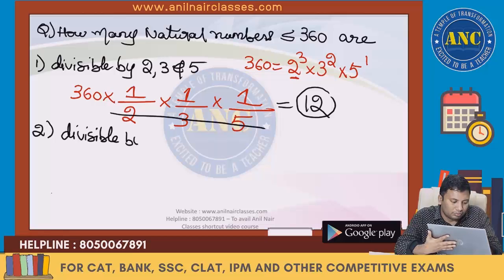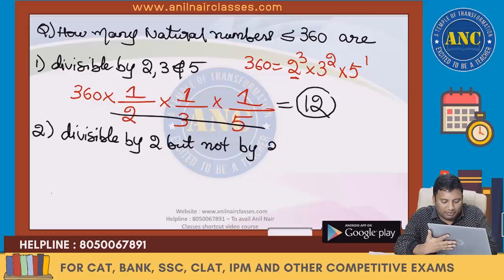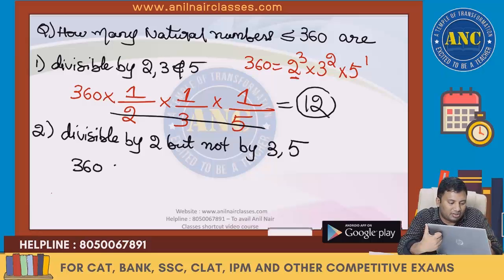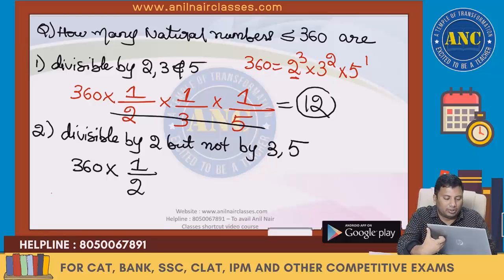Divisible by 2 but not by 3, 5. Out of every 2 consecutive natural numbers, one number is divisible by 2.